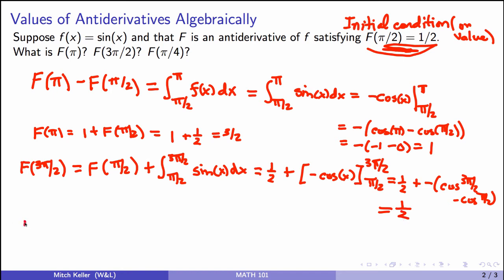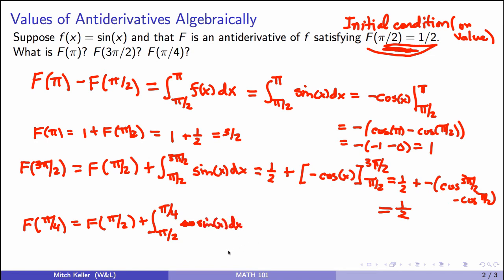And finally, we can do F of pi over 4 in the exact same way. That's F of pi over 2 plus the integral from pi over 2 to pi over 4 of sine x dx. Use the fact that F of pi over 2 is a half, and again our favorite antiderivative here.